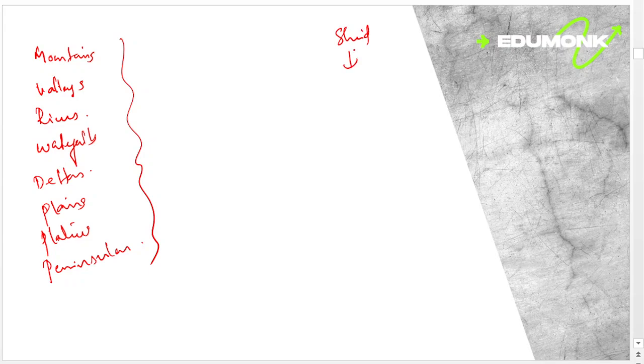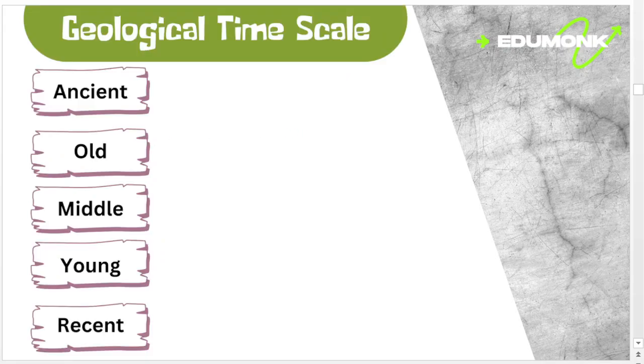After some time, or after many years, the mountains are formed. After that, rivers start flowing. Then the plains are formed. Then deltas are formed. So each of the physical features is formed at different times. So there is a geological time scale which represents the order of formation of each kind of physical feature on our earth. We can look into that geological time scale.